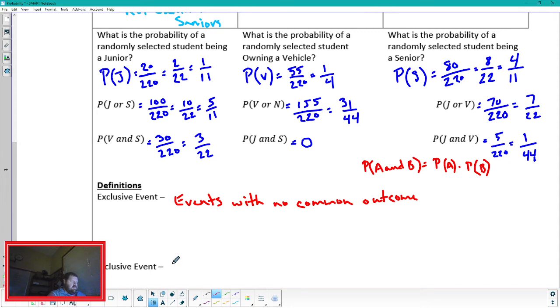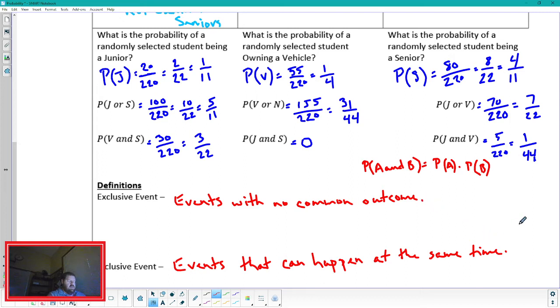And inclusive events are events that can happen at the same time. Okay. And we do get different probabilities when we are dealing with those.